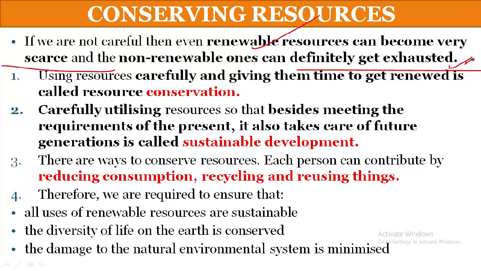We do not want to run short of resources. That is why we need to conserve them. We cannot survive without proper resources. That is why we need to conserve resources. Now let's have a question here. What is conservation?